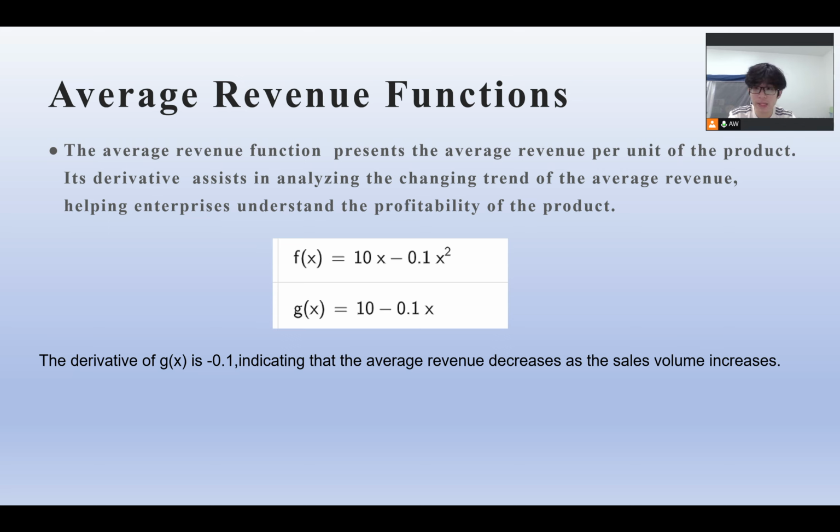So let the average revenue function equal 10x minus 0.1x squared. So the average revenue function is 10 minus 0.1x, so its derivative of g(x) is negative 0.1, indicating that the average revenue decreases as the sales volume increases.